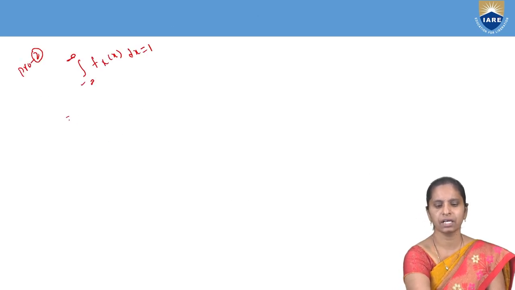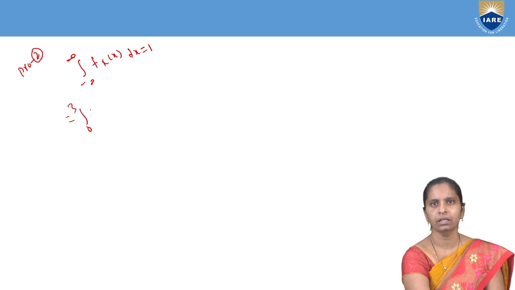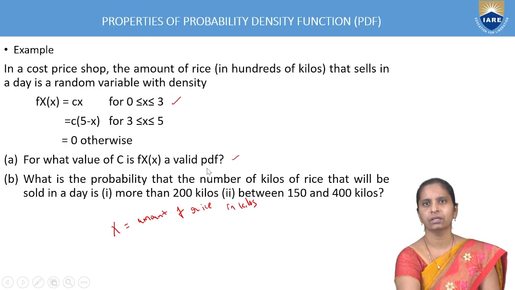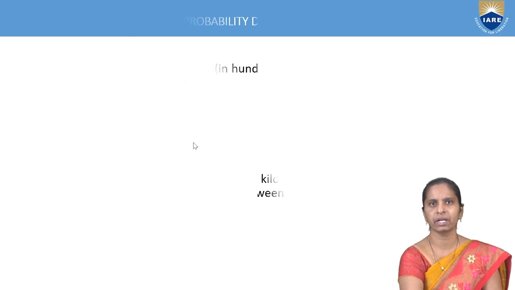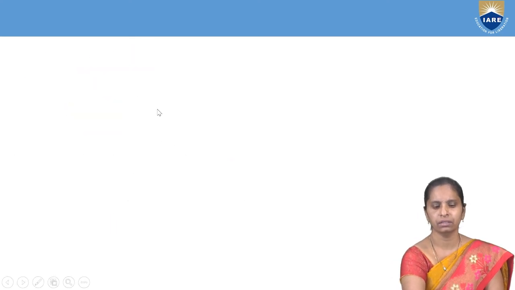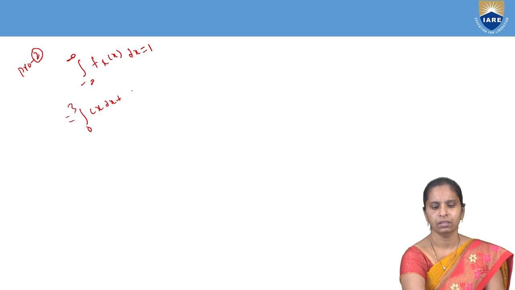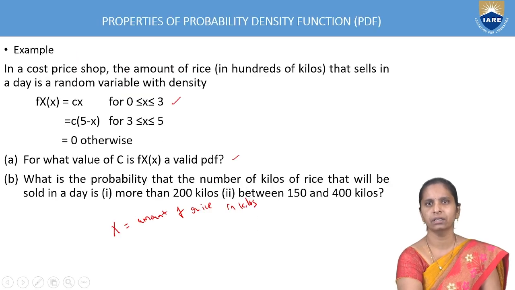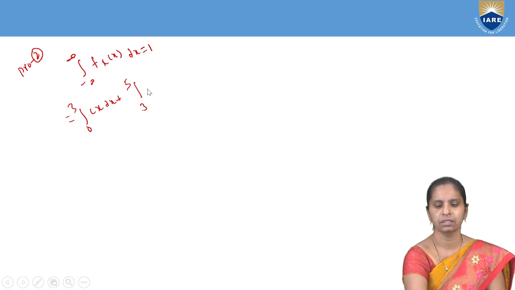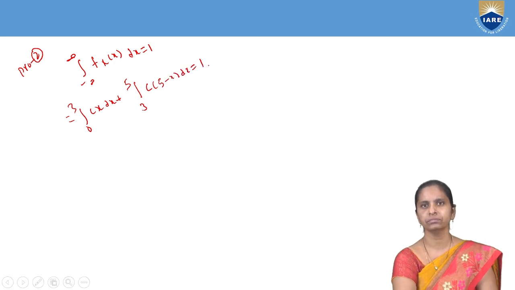So I am writing this as the integral from 0 to 3 of Cx dx, plus, when x is 3 to 5, the density function is C into (5 minus x), so the integral from 3 to 5 of C(5 minus x) dx, equals 1.